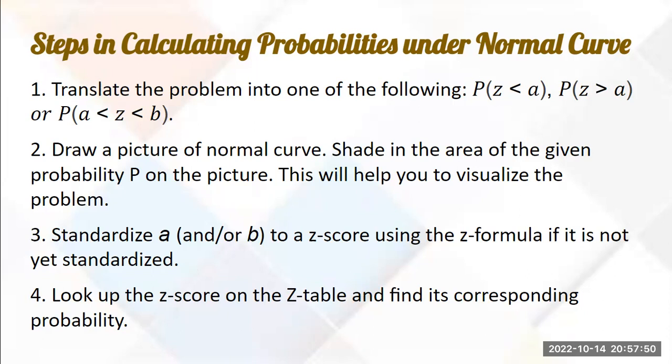And number three, standardize A and or B to a z-score using the z formula if it's not yet standardized. If the given is a normal value, convert it into the standardized form using the z formula. And then number four, after converting it into a z-score, you look up the z-score on the z table and find its corresponding probability.